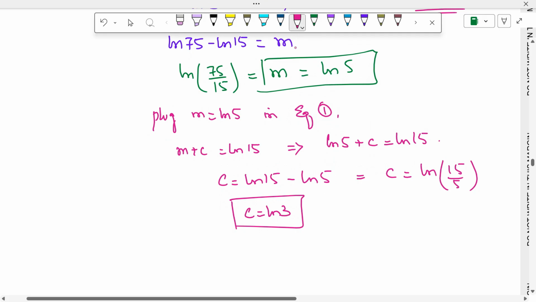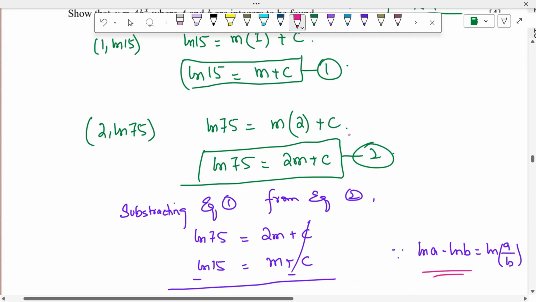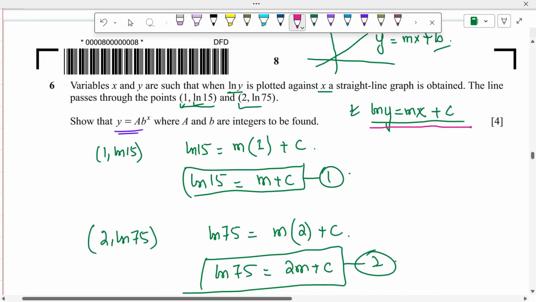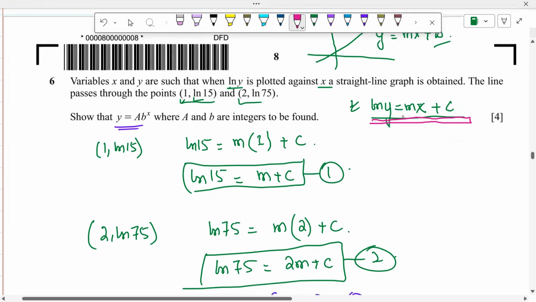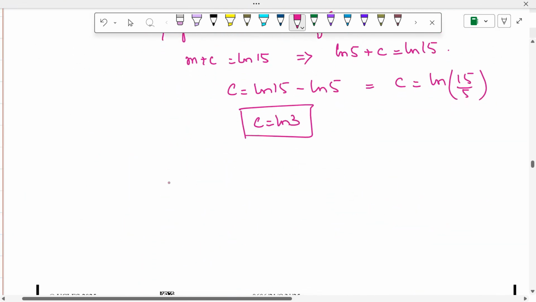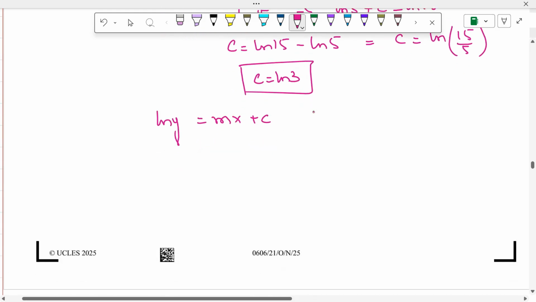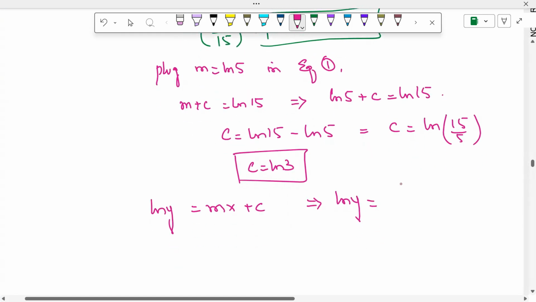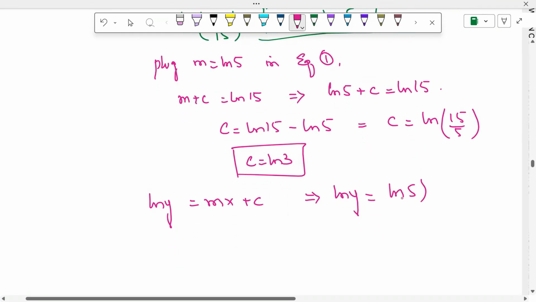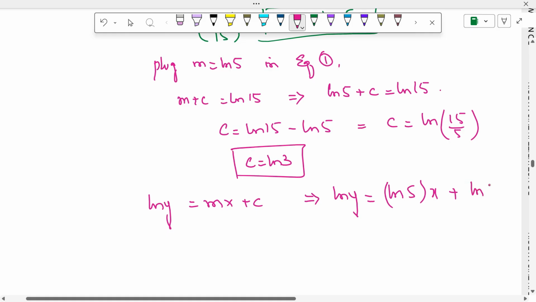So we have calculated m and c. Plugging this into the equation of the line, ln y equals mx plus c. So we know ln y is equal to m, which we just calculated as ln 5, times x, plus c, which is ln 3.